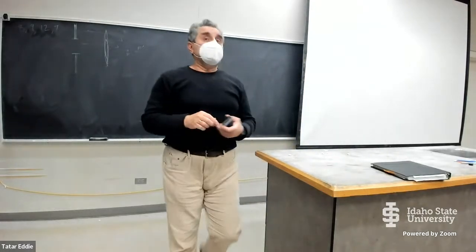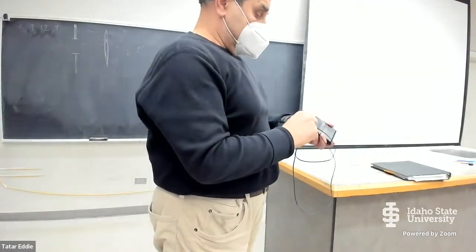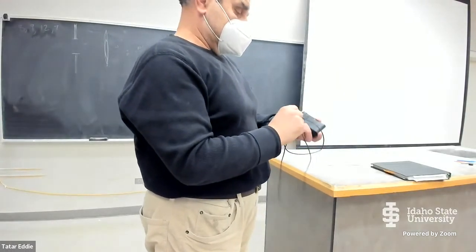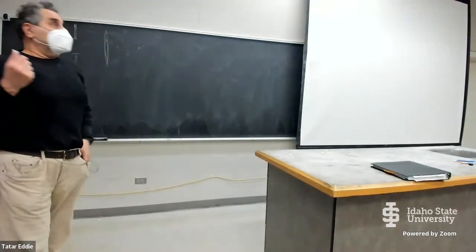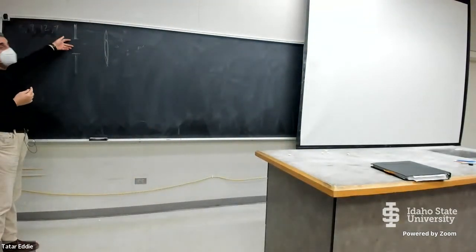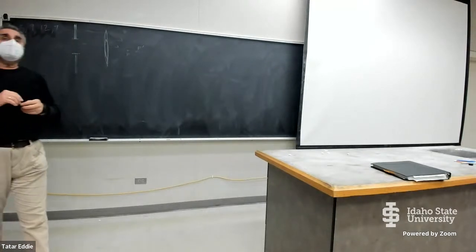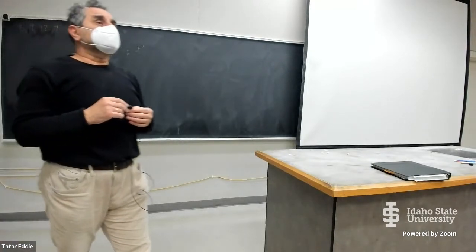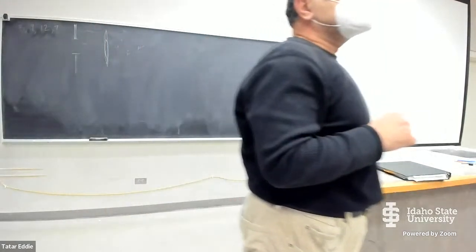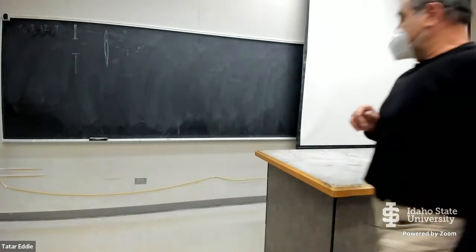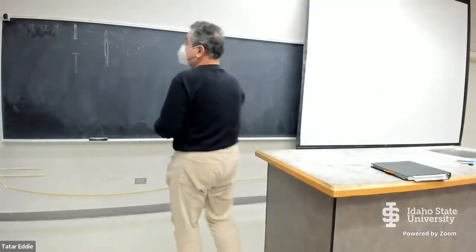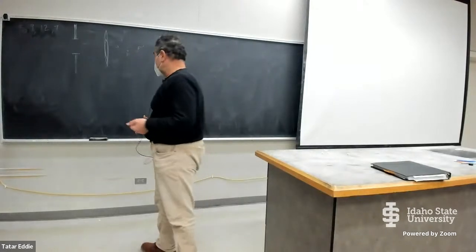What is the problem of using only those paraxial rays? The problem is that you're going to have reduced brightness. You're probably going to have a reduced field of view. So there is a trade-off here.